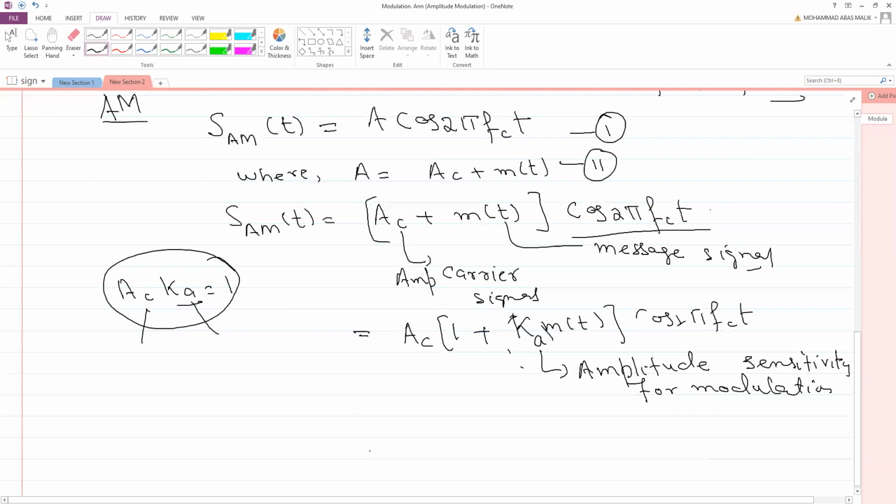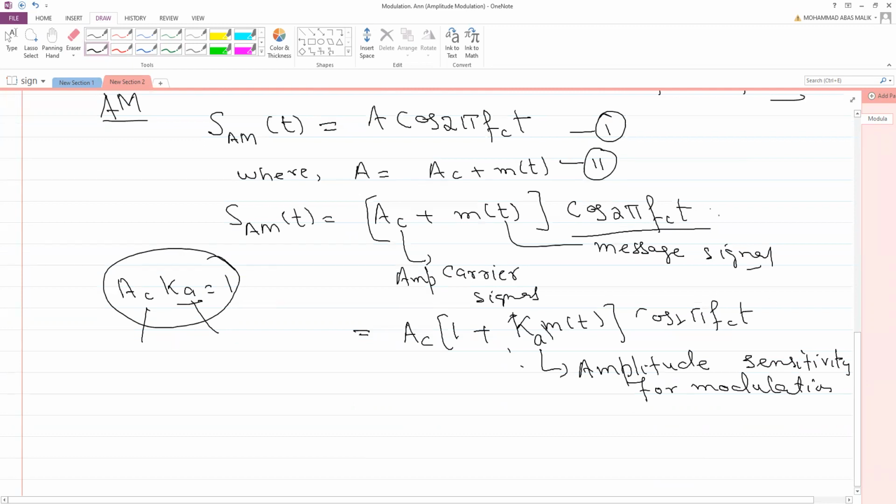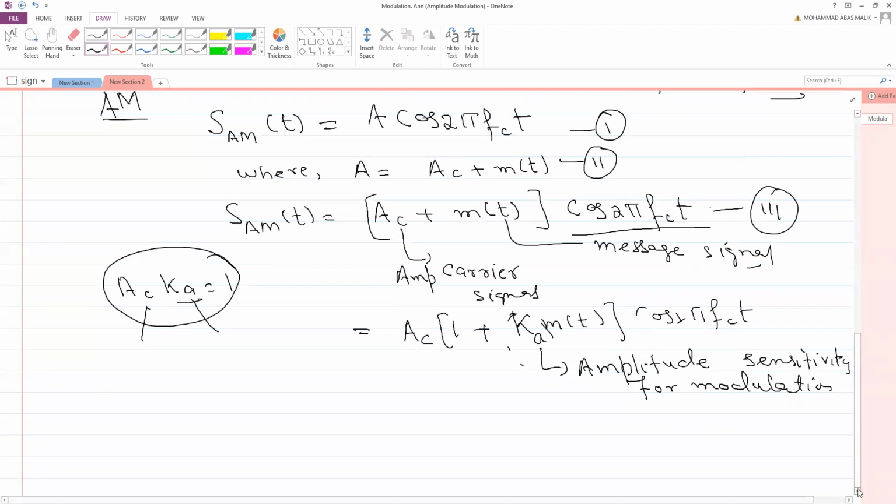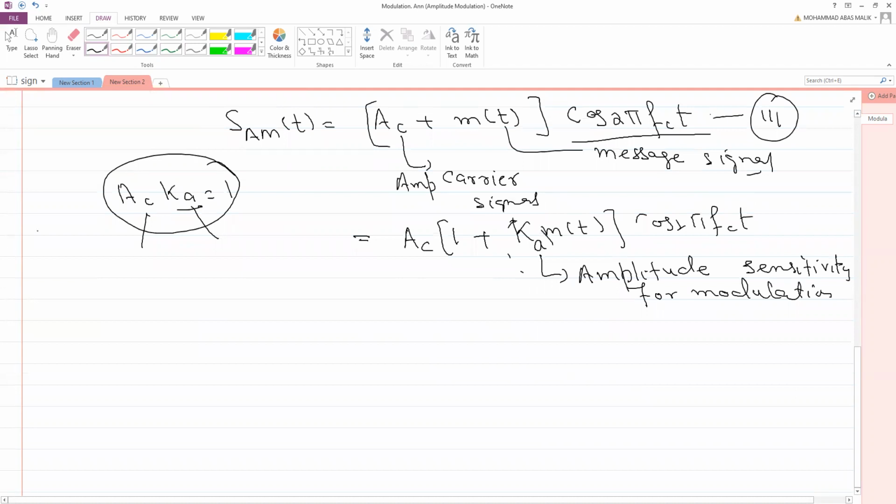Now try to expand this equation 3. What will you get? We have s_AM(t) equal to Ac cos 2 pi fc t plus Ka Ac m(t) cos 2 pi fc t. Sorry, this Ka I had not written.